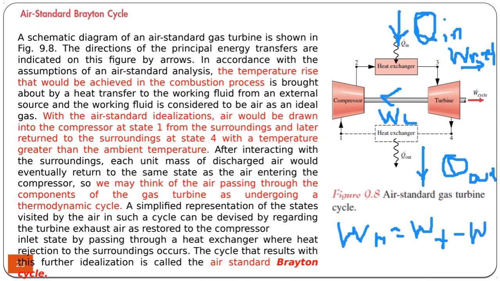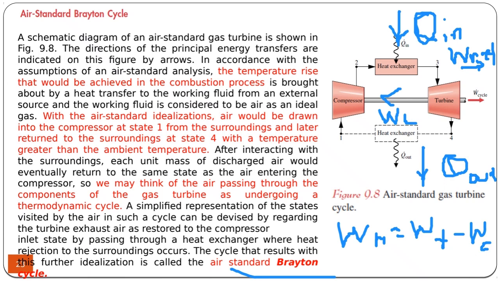Such a system is called air standard Brayton cycle. So a gas turbine cycle which has one compressor, one heat exchanger for heat addition, one turbine, and another heat exchanger for heat removal that uses air as the working fluid is called air standard Brayton cycle.